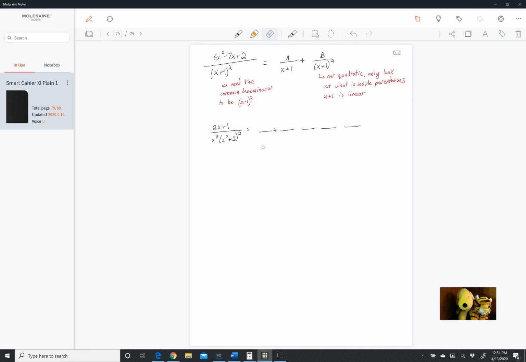So we're adding them. You're always adding them until you find the constants. Okay. The x cubed, well, you could have an x. You could have an x squared, but you need an x cubed in order for the common denominator to be x cubed. So notice you keep going up until you reach this power.